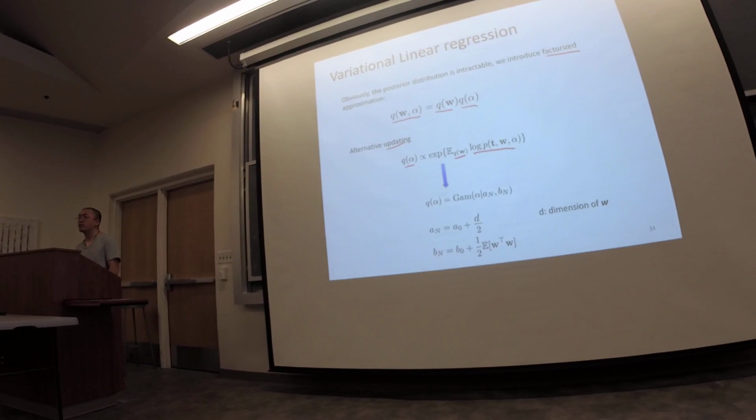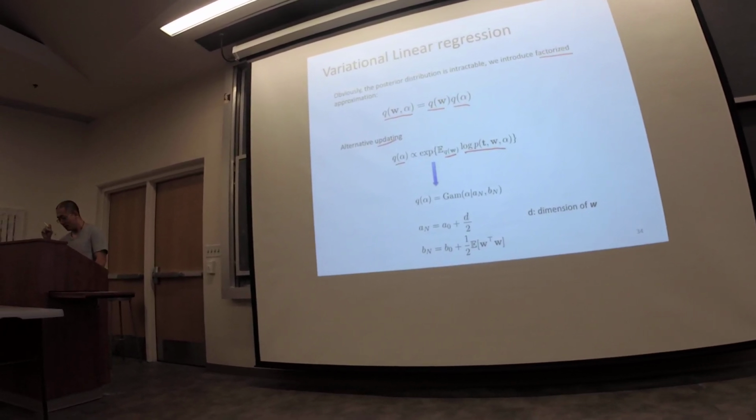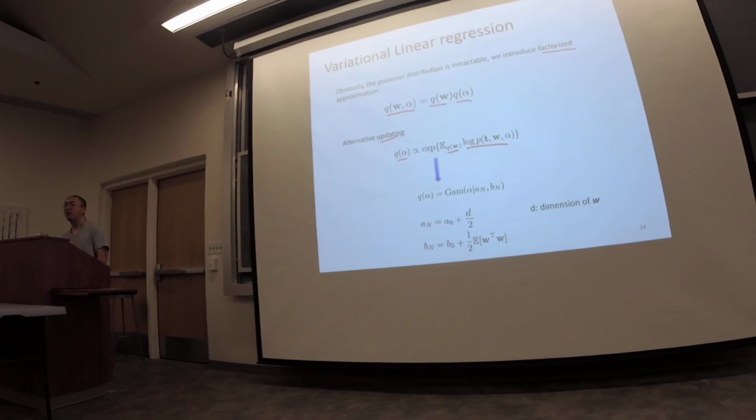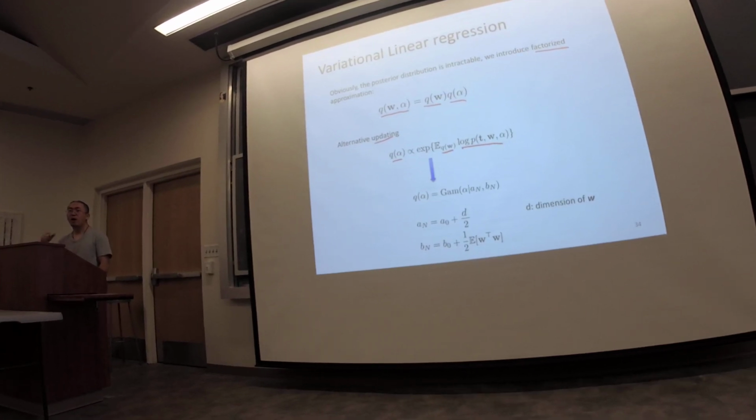This is just the rule we just mentioned: take the logarithm of the joint probability, then take the expectation under the approximate posterior of all the other variables, here q of w. Then you take the exponential again and normalize it. So now let's look at what this looks like. What does this exponential term mean?